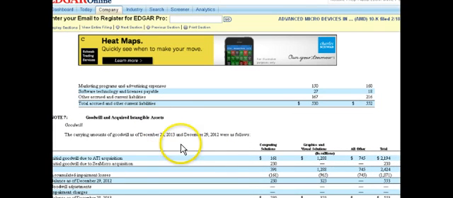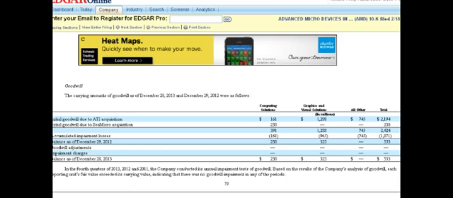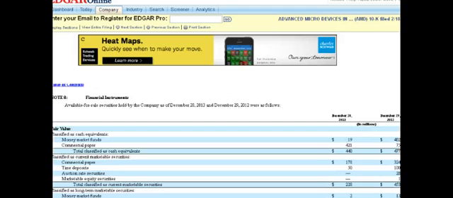We talked about intangible assets a week or two ago, and this is how they're carrying it on their initial goodwill due to the C Micro acquisition. This is how they're carrying it on their balance sheet. Financial instruments.